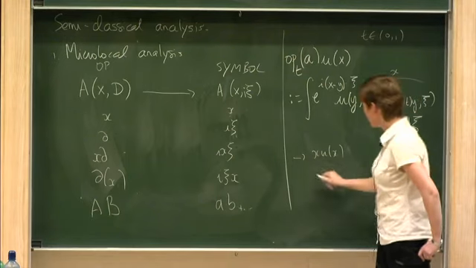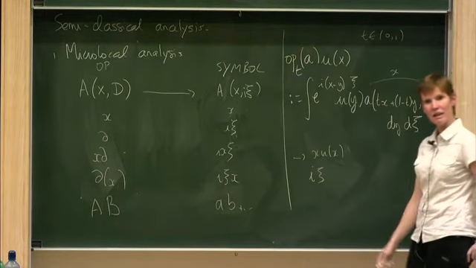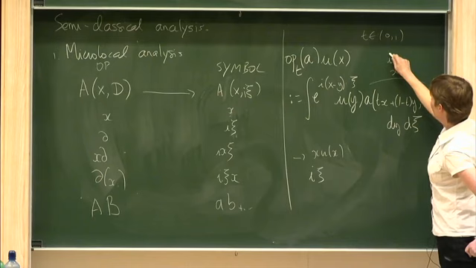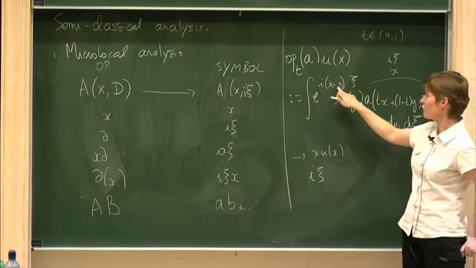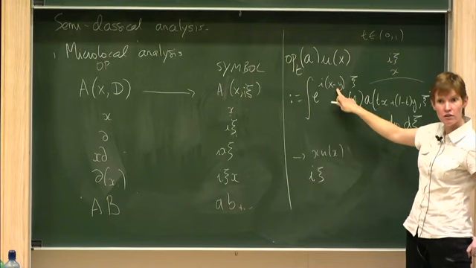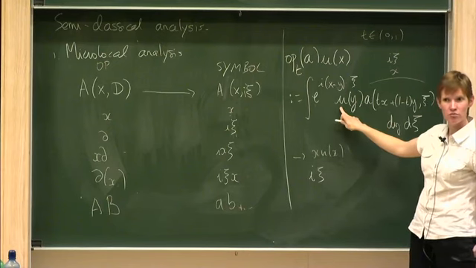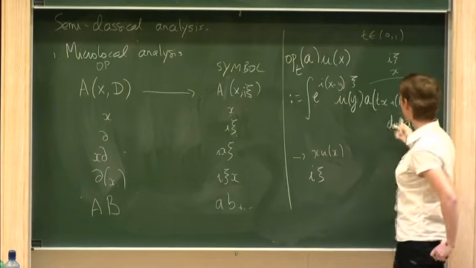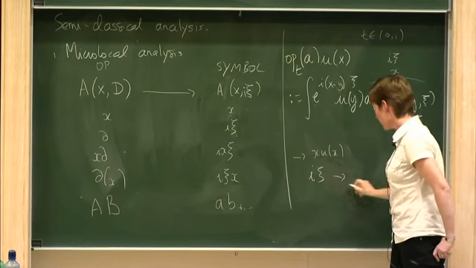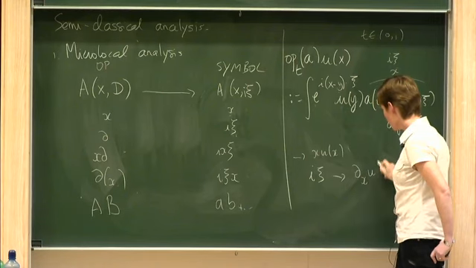If instead I put i psi for my symbol, then you see i psi is exactly a derivative in y of this phase here. Integrate by parts, you get d_y u. Then you integrate in y, x is equal to y, so that gives you d_x u of x.